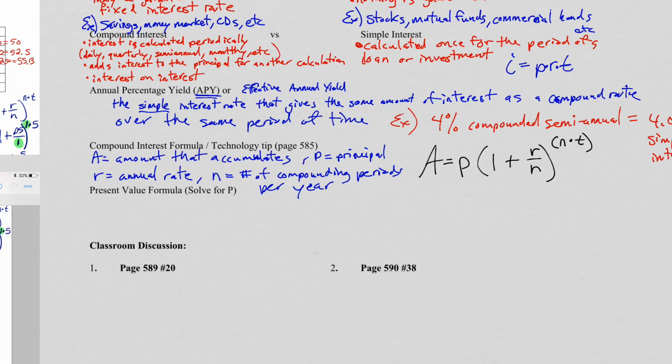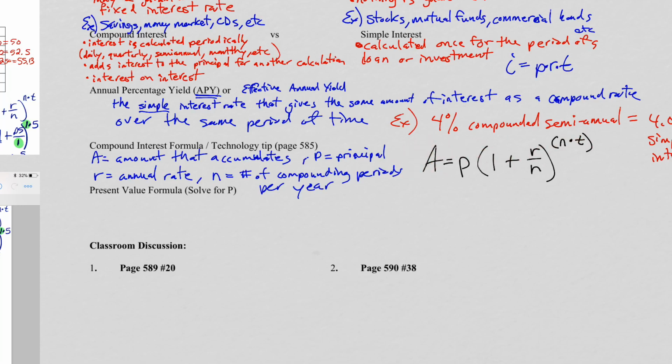So what if we wanted to know how much we need to invest in order to reach a goal in the future? Remember, A is a future amount. A is saying, if I invest a certain amount now and I use a certain rate with a number of compounds for 5, 10, 20 years, how much am I going to have in my account?